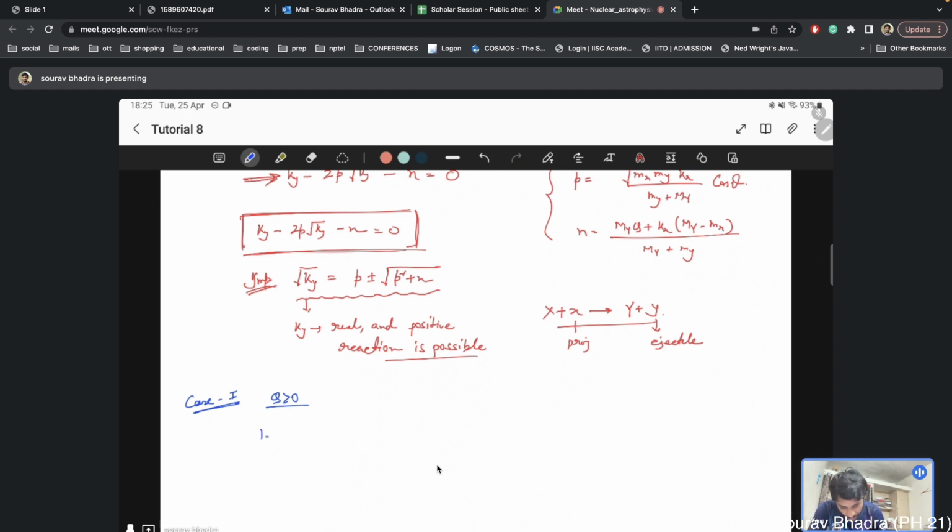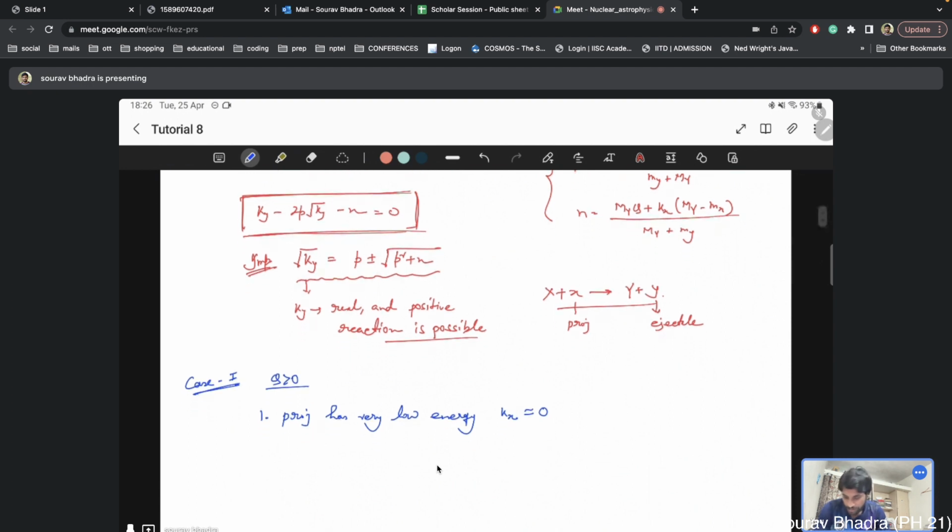First, that the projectile has very low energy. That means that kx, which is the energy of the projectile, is almost equal to 0. That is our assumption. We will see what it will give.